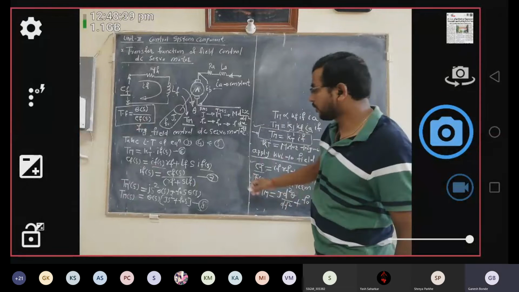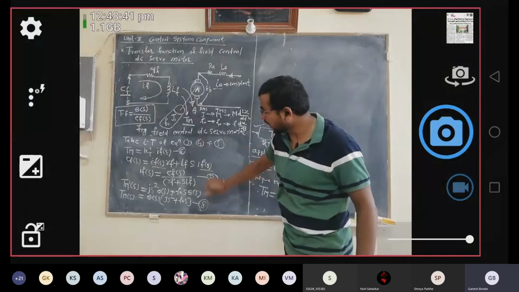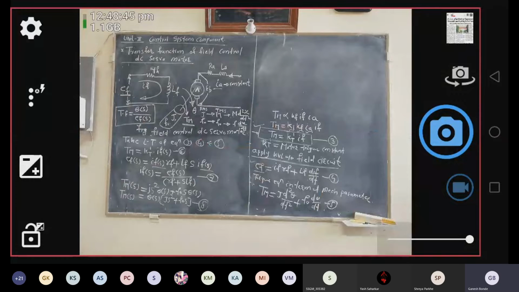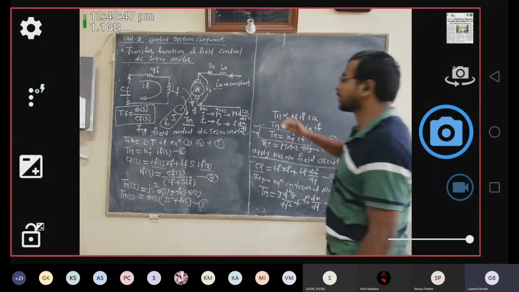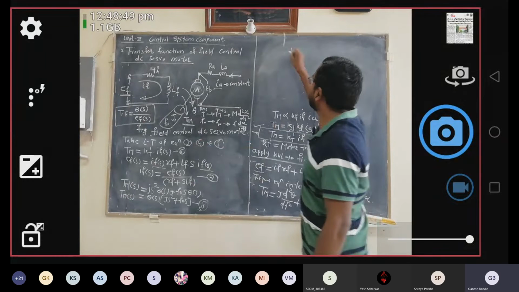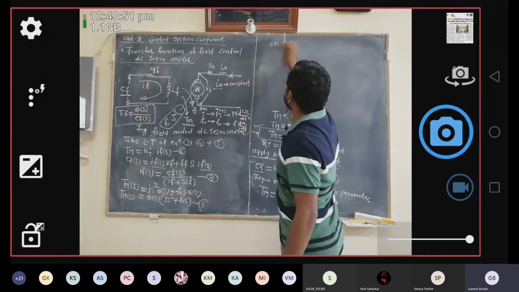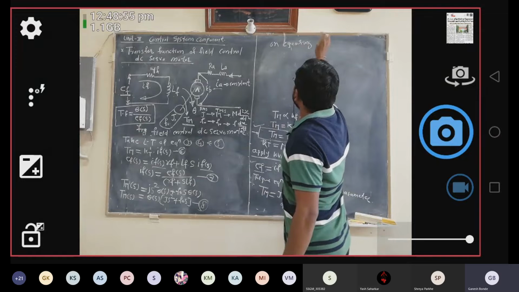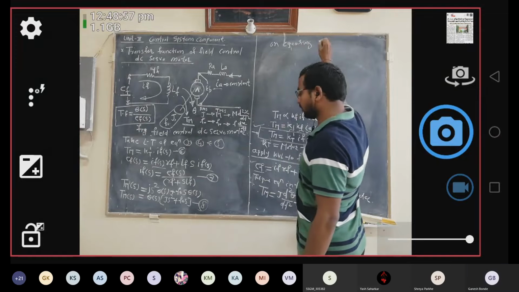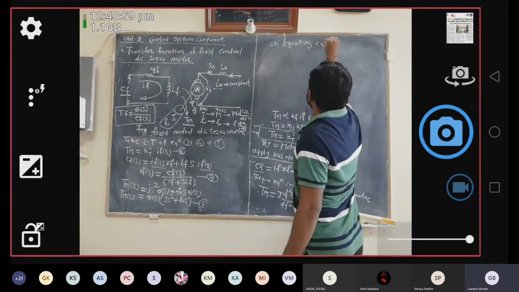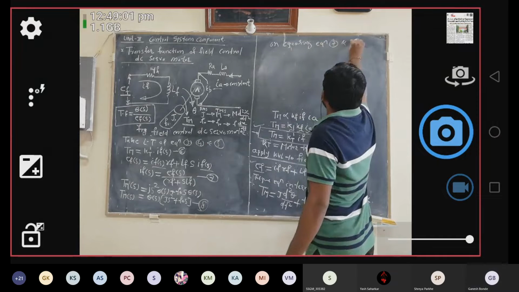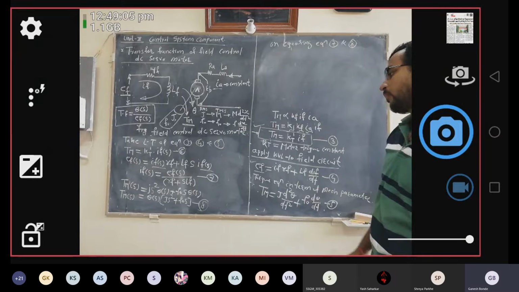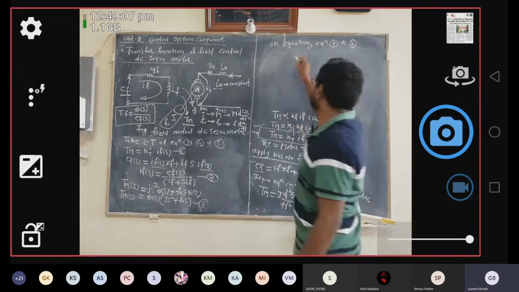Now you see this equation 6 and equation 8 have the same left hand side. So equate equation 6 and equation 8. What are we getting?